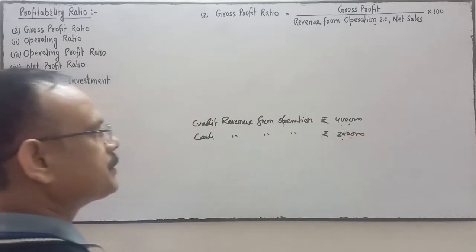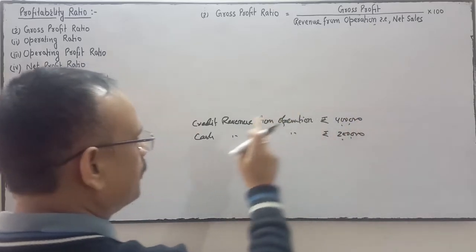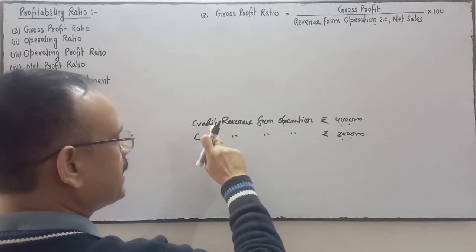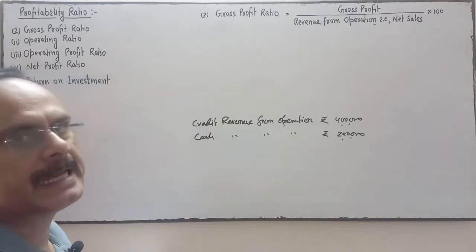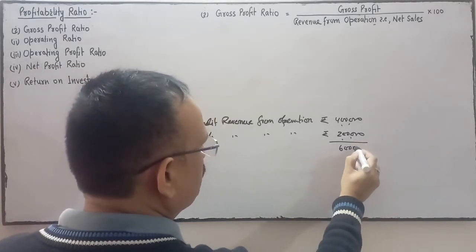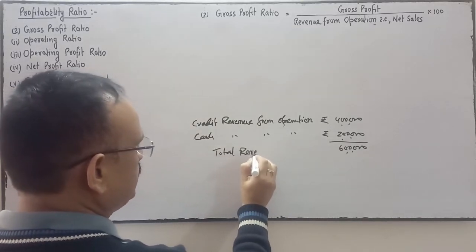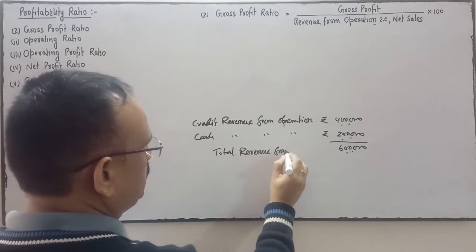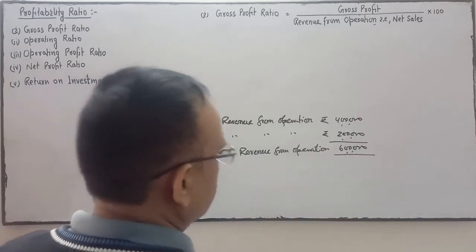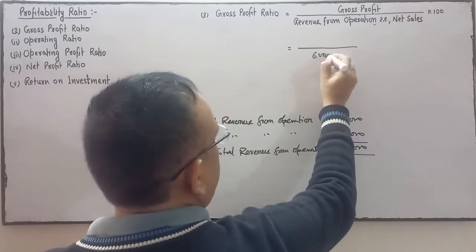Cash revenue from operation is 2 lakhs. So total revenue from operation, both cash and credit, is how much? It is 6 lakhs. So revenue from operation we have found is 6 lakhs.